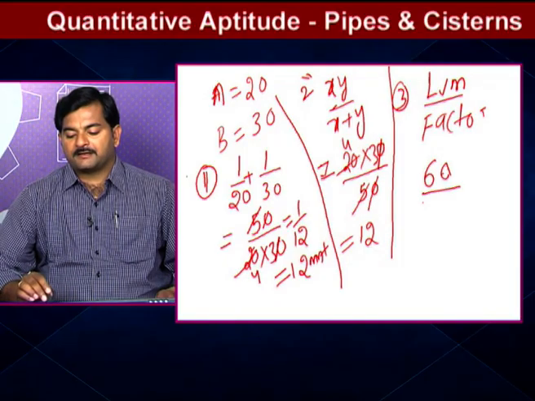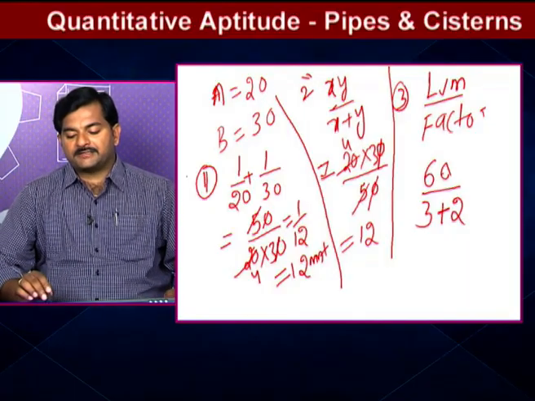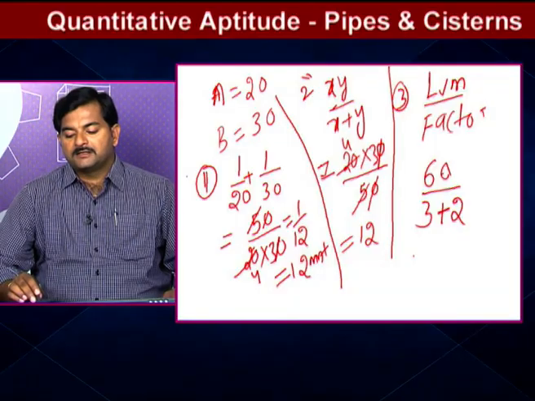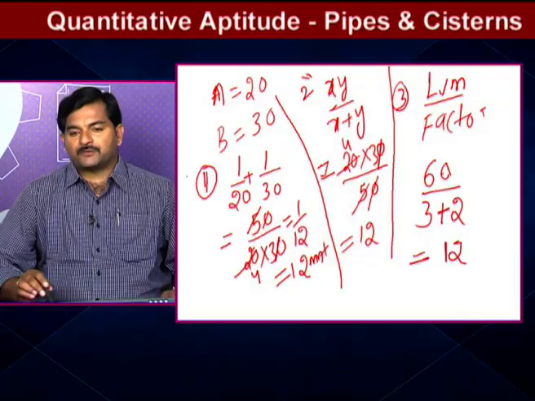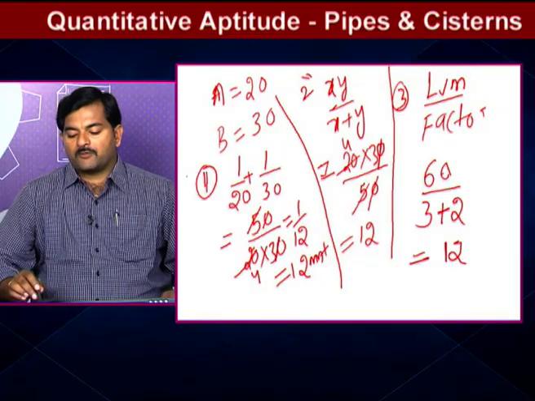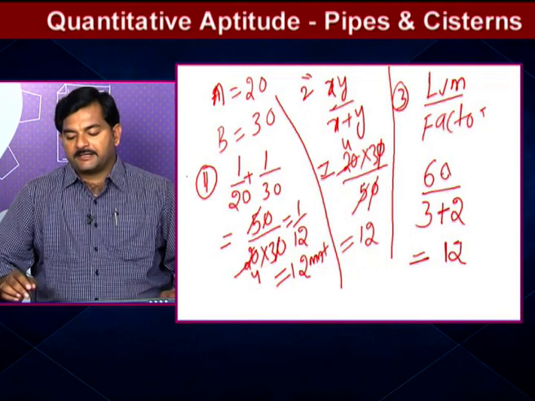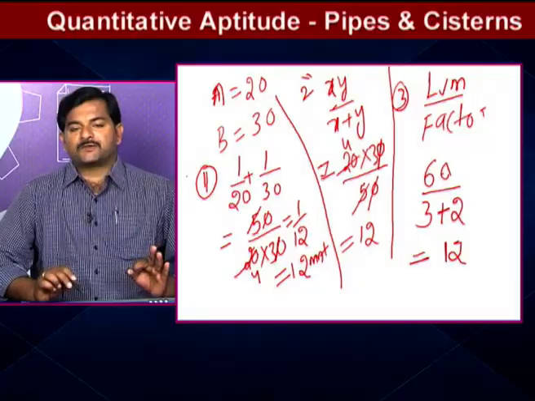Now for the factors: 60 divided by 20 is 3, and 60 divided by 30 is 2. So 3 plus 2 is 5. Then 60 by 5 gives 12 minutes.